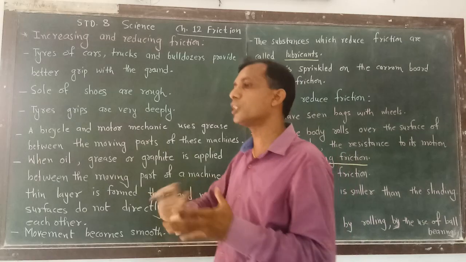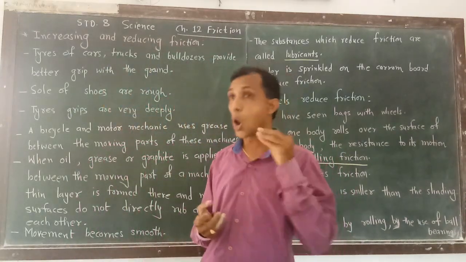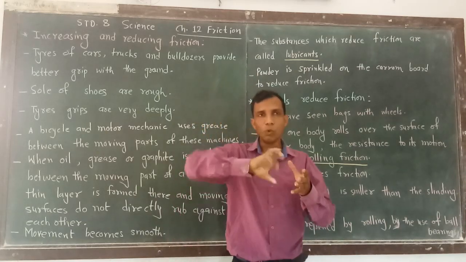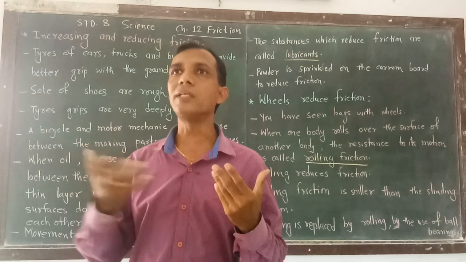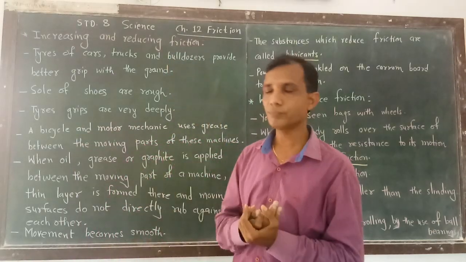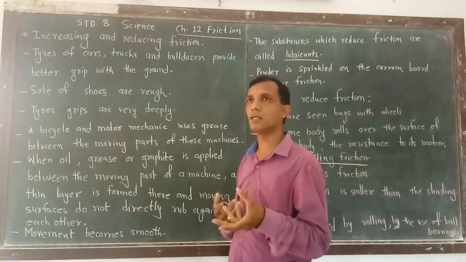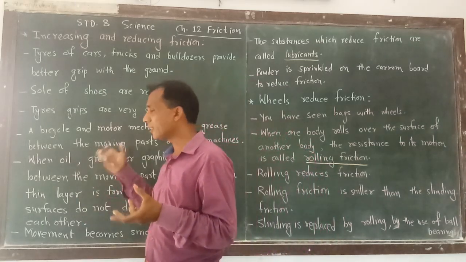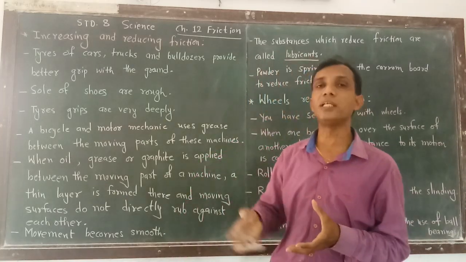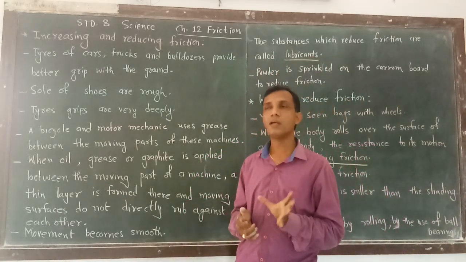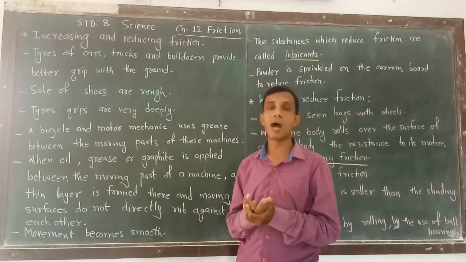So our machine spare parts stay safe when we apply grease, graphite or oil. They can run for one year, two years. If grease or oil is not applied, the moving parts are damaged very fast, and we have to change such parts at very short intervals.